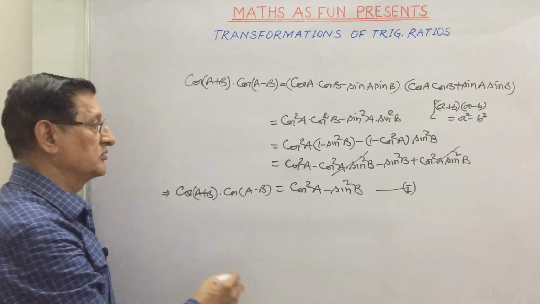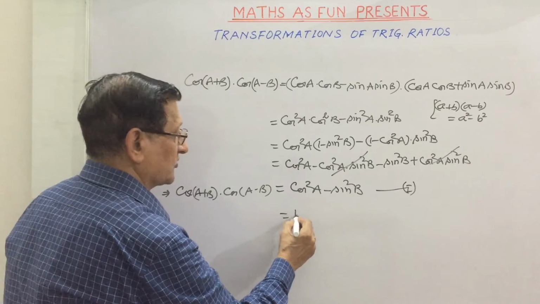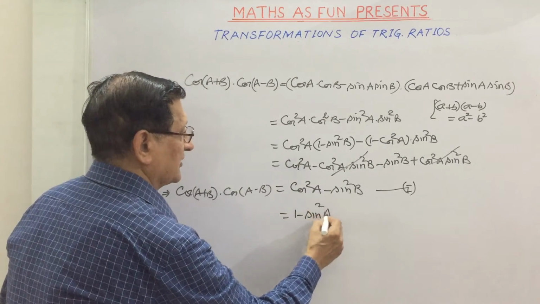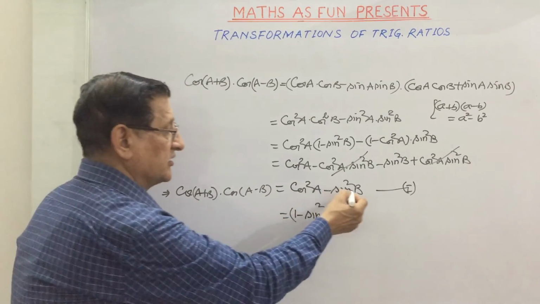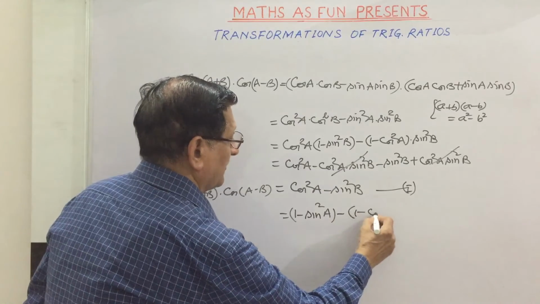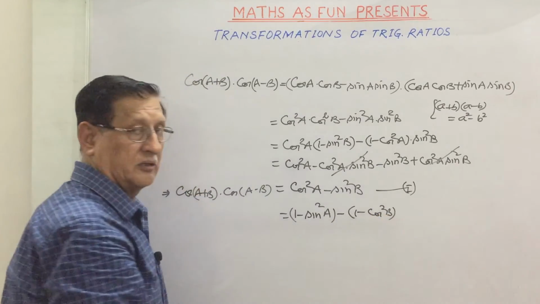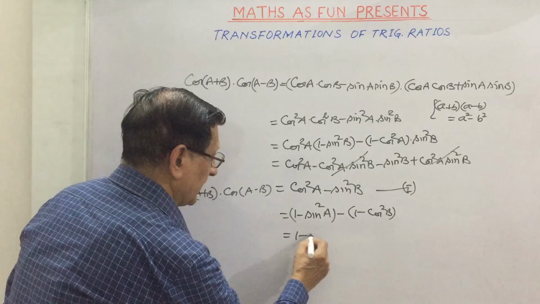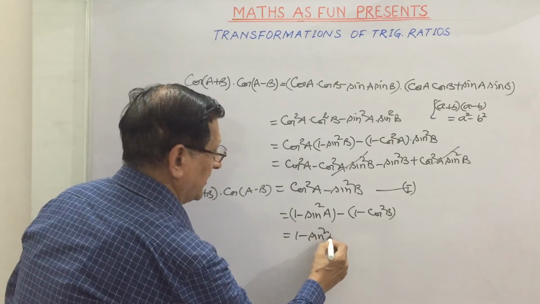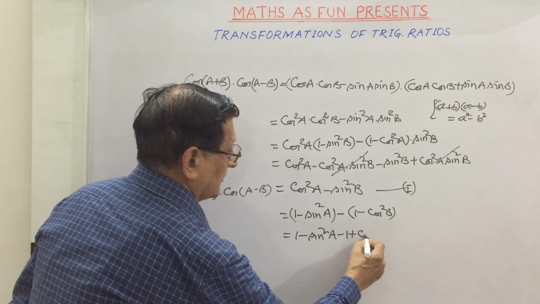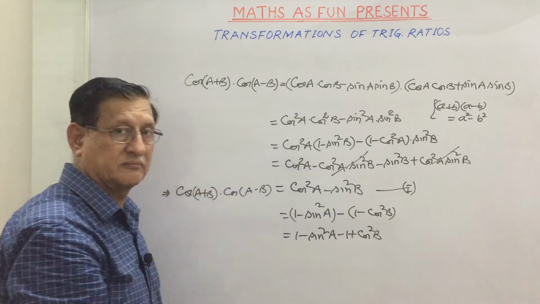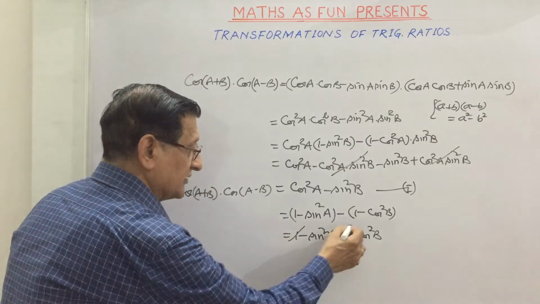Now if we convert this cos square A in terms of sine, 1 minus sine square A, and sine square B into cos, 1 minus cos square B, and simplify, we get 1 minus sine square A minus 1 plus cos square B. 1 and 1 cancel.